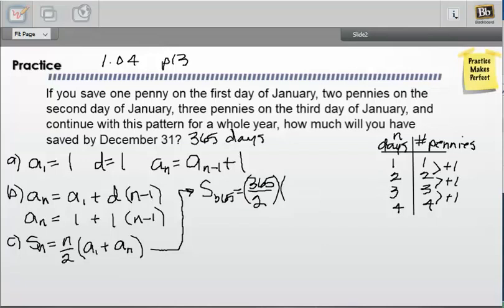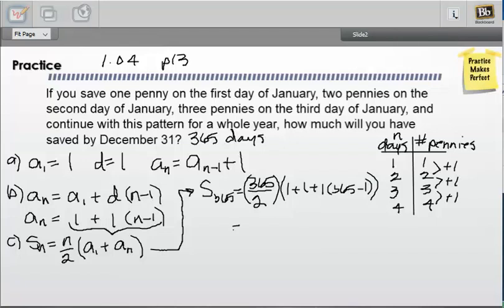Okay, I got to put that first term in there, a sub 1, which y'all told me was 1. I'm adding to that the whole explicit formula. So that means I'm adding 1 plus 1. There's so many 1s here. Oh, I did an N. Supposed to replace all my N's with 365. Minus 1.